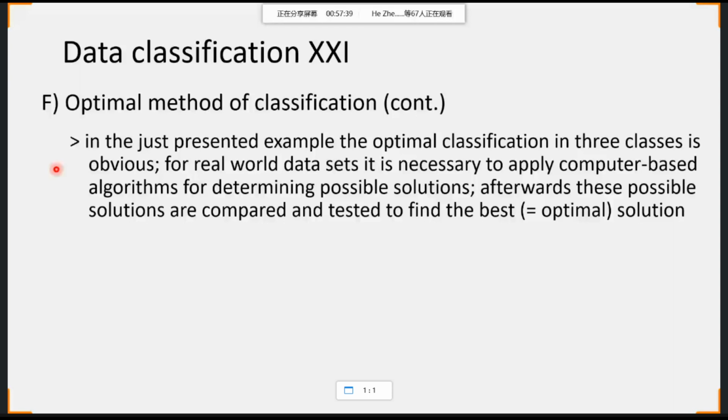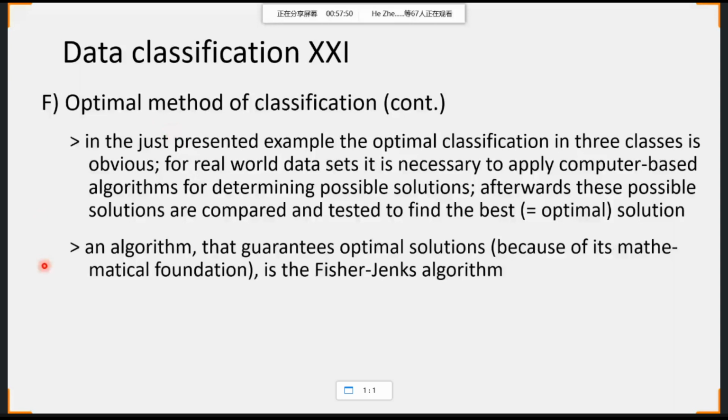This is where the name of this classification method, optimal method, comes from. An algorithm that guarantees optimal solutions because of its mathematical foundation is the Fisher-Jenks algorithm. It is named after the researchers who developed it.